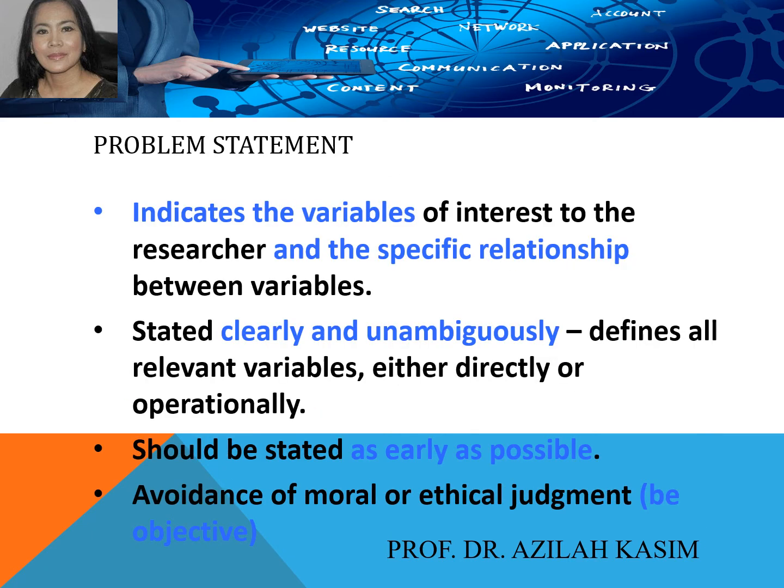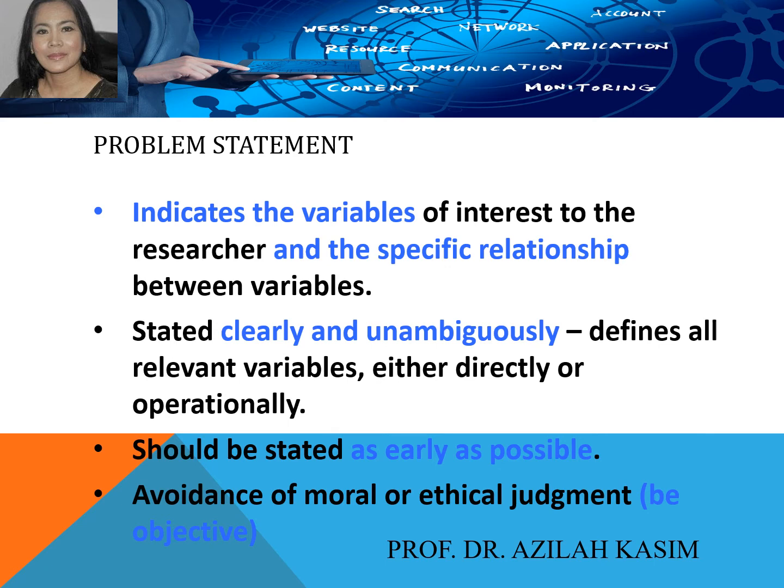Okay, so when you start writing your problem statement, you have to indicate the variables of interest that you would include in your topic, yeah, and what are the relationships between these variables, yeah, and this has to be written clearly and unambiguously, yeah, clearly and straightforward. Do not write very long sentences that just can confuse readers.